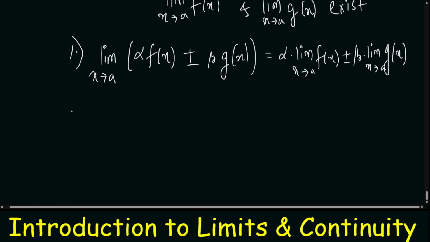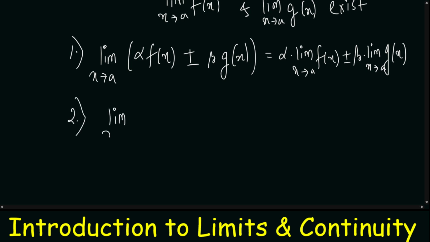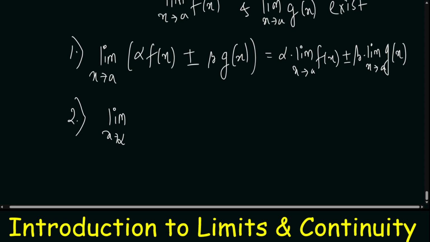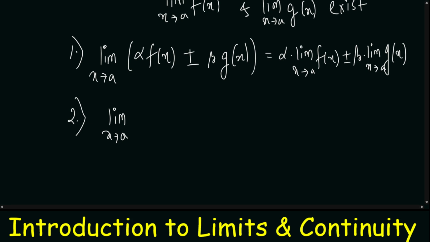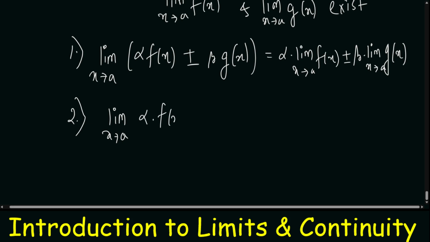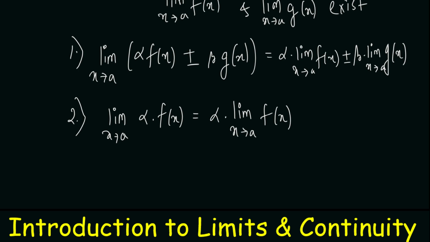Again, the next property we can understand like this: limit x tends to a alpha into f of x is equal to alpha into limit x tends to a f of x. This is the property where we can take out the constant that is being multiplied with the function.